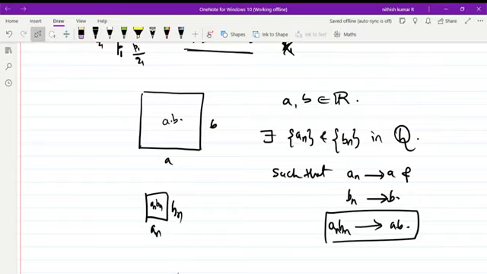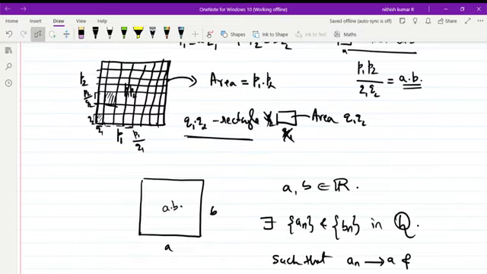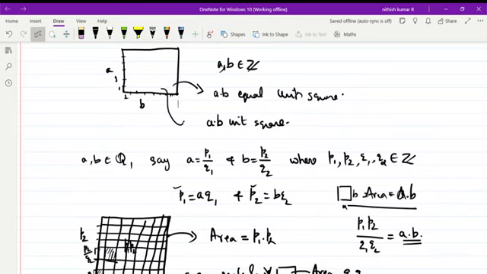So the theory of integration was developed around 1600 with the great efforts of Leibniz and Newton.